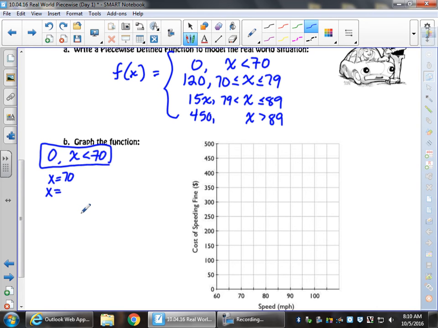Give me something less than 70. 60? Let's go to 60. So I'm told when X is 70, what's Y always going to be? 0. Now you're right. It says strictly less than, right? So that means that when I graph this, is this going to be an open or closed circle? Open.